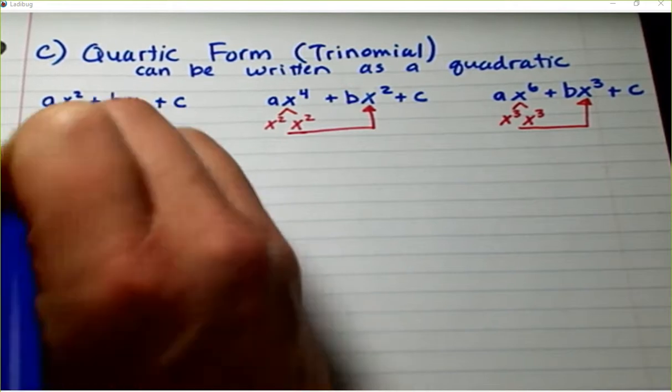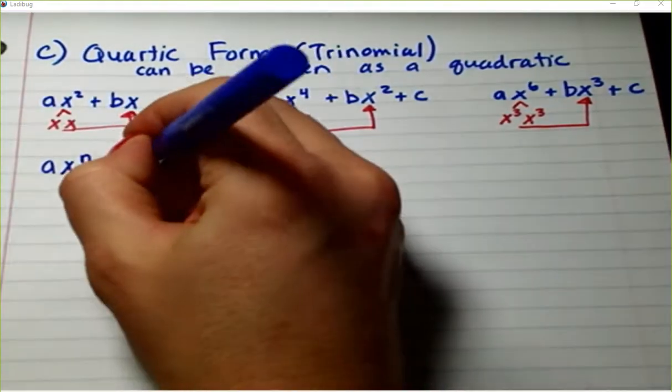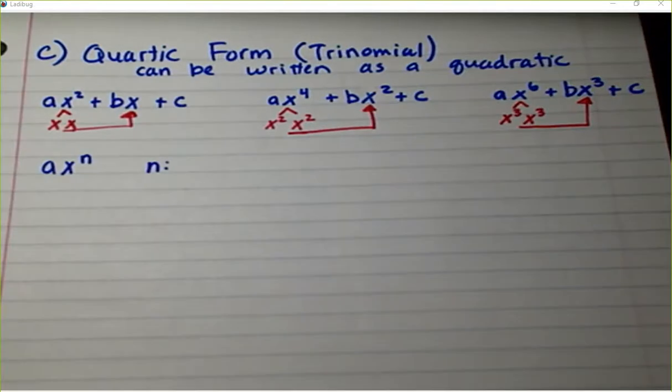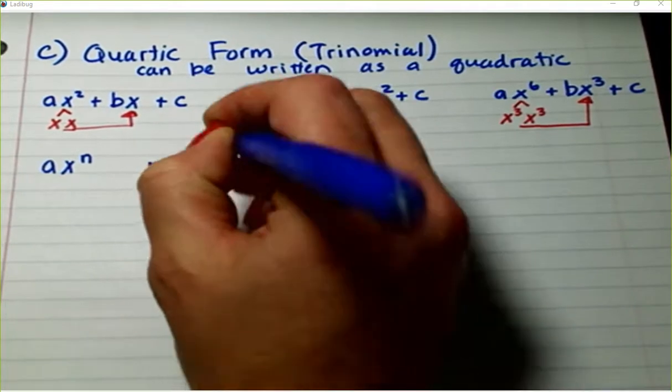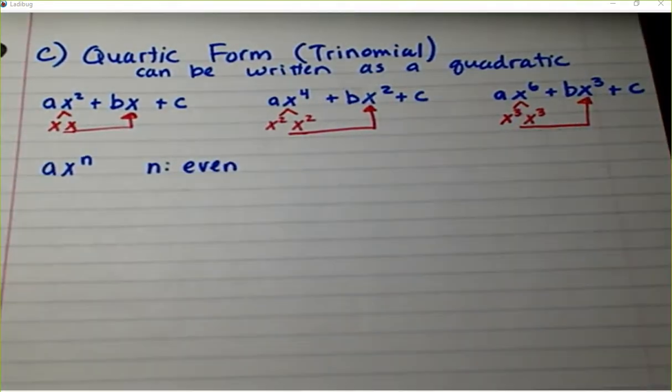Okay, so what we're going to look at here is ax to the n. What can you say about n? What kind of n values will work for quadratic form? Not quite. Has to be even. Right? 2, 4, 6. It has to be even, like a quadratic. Okay?